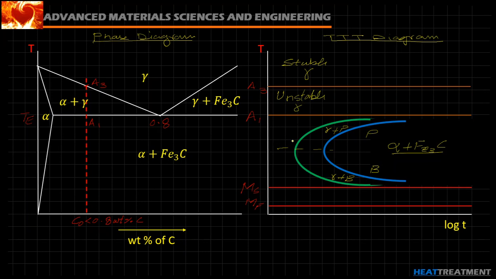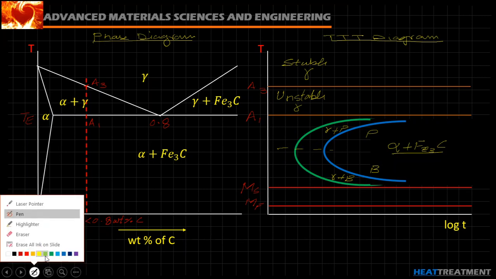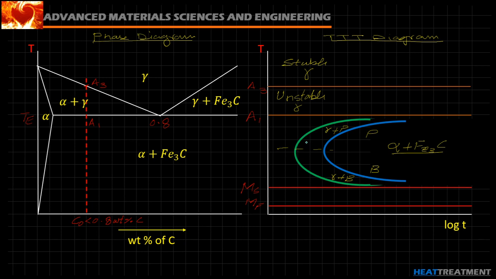However, we see the independent ferrite starts forming below the temperature of this A3 for the case of hypoeutectoid steels. So between A3 and A1, a corresponding line in TTT diagram is required to represent this transformation. So this line will start from the nose of the start of this pearlite and go to the A3 temperature.